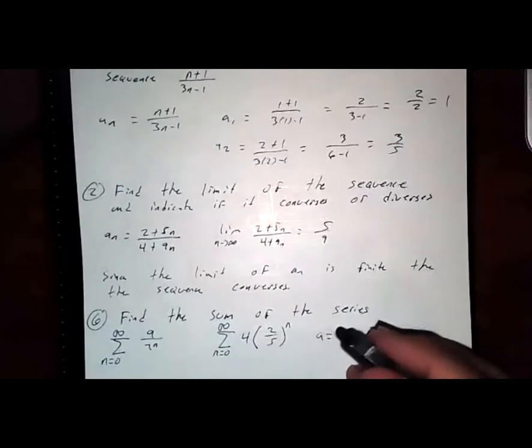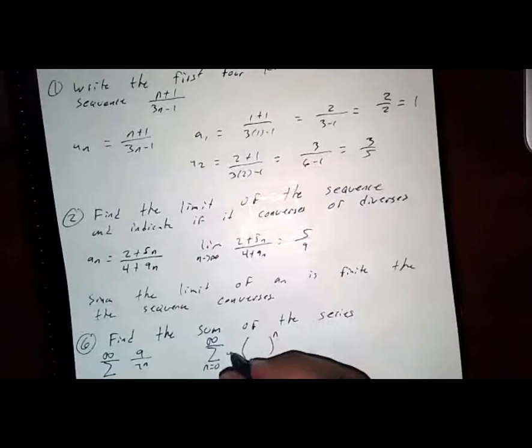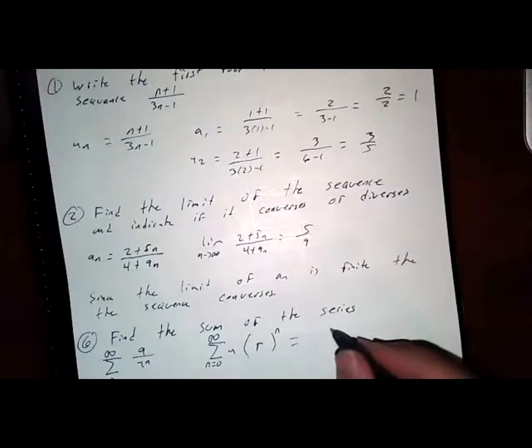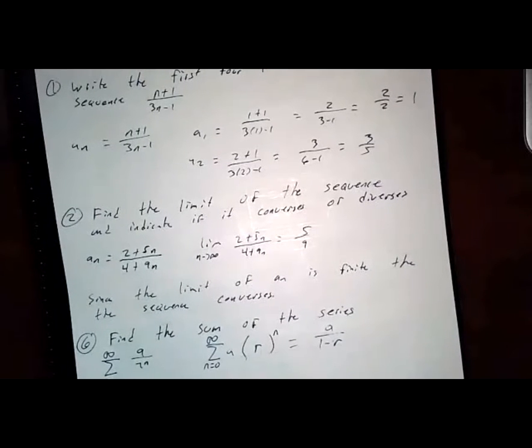Sorry, lost my train of thought there. A r to the n is the formula, which is equal to a over 1 minus r. So our a is equal to 9. Or no, I'm sorry. Actually, yeah, that's right. r would be equal to 1/7 because I can pull that 9 out.